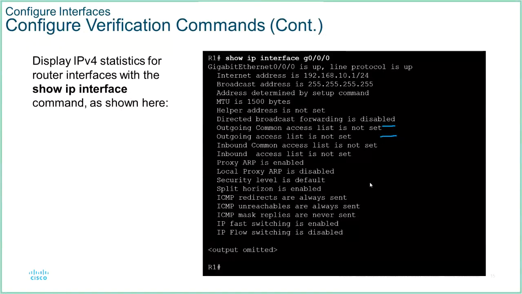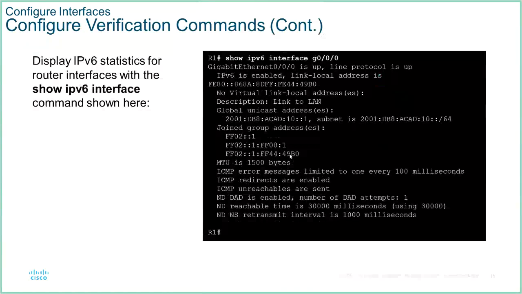We'll have incoming and outgoing filters, and so here's the IP address information, the broadcast address, but mainly we use this one later on to check these lines here. What filters have been applied to our interface. All right. IPv6 version of the command.